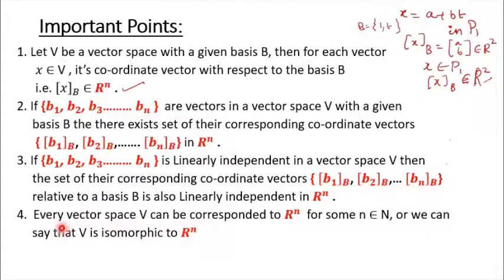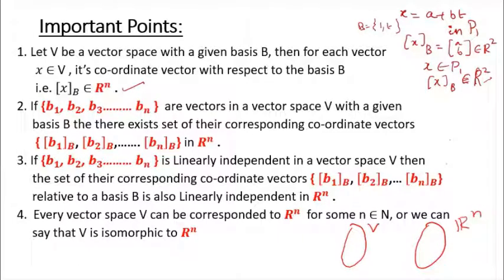And the last one is, what do we mean by this? Every vector space V can be corresponded to Rn for some n belonging to the natural numbers. Or we can say that every vector space V is isomorphic to Rn, because for every vector in V, this is a vector space V that may be any vector space.